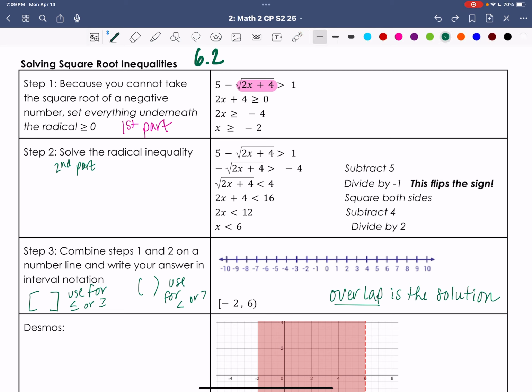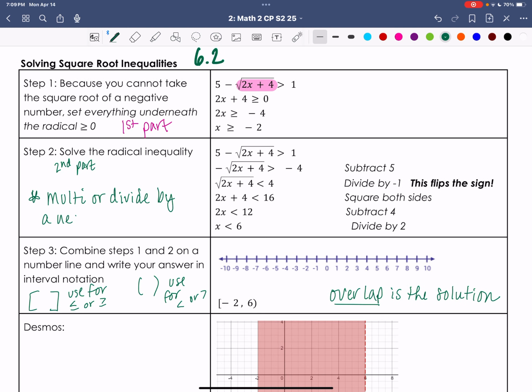Whenever you multiply or divide by a negative, you need to flip the sign. All right, so then we solve it, and if you noticed right here, since we divided by -1, we flipped the sign that way.